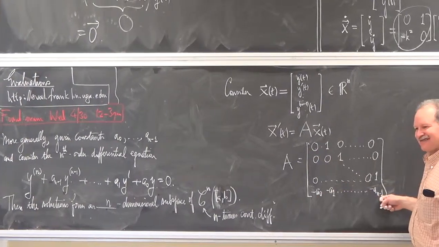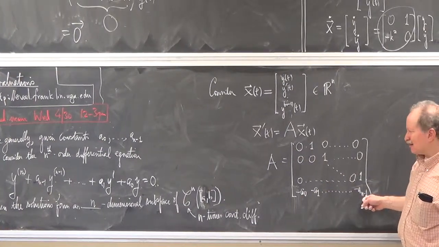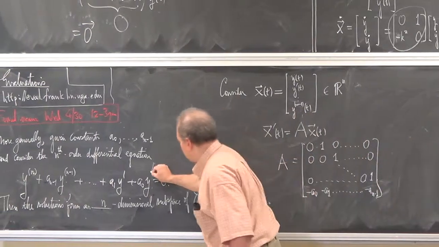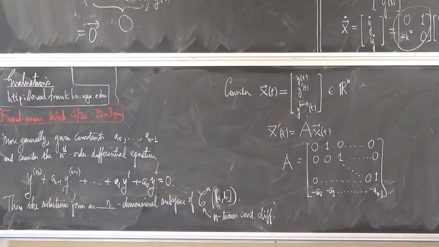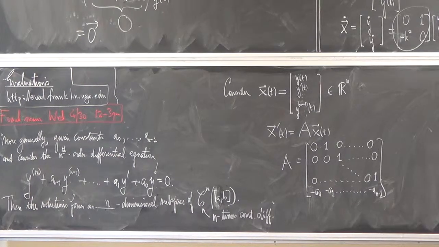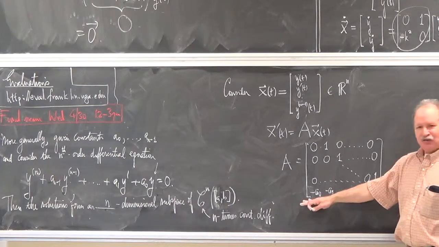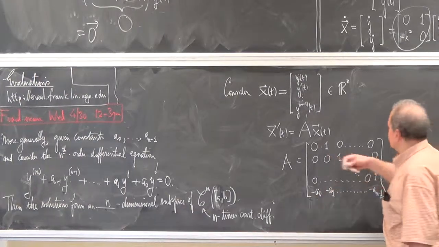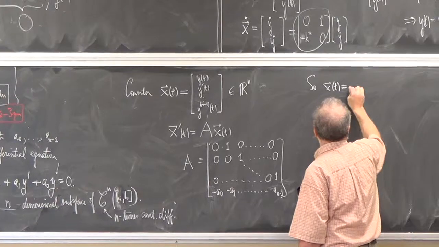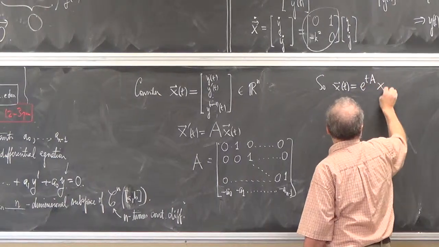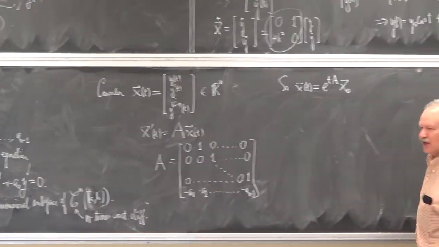This is n. Now that I have it correct. Yeah, sorry, so this was wrong before. So we can compute the solution by exponentiating that matrix and multiplying it by the initial x vector.